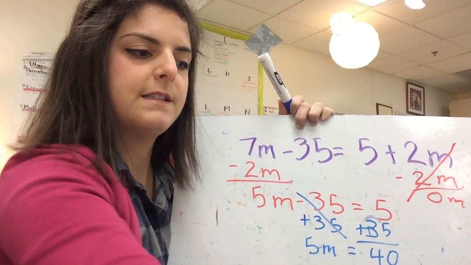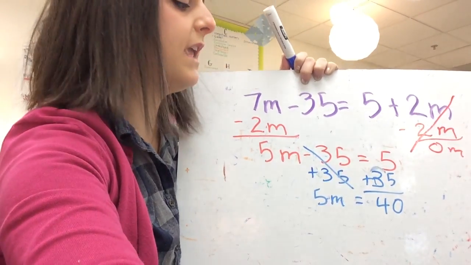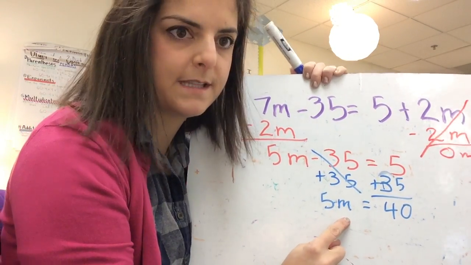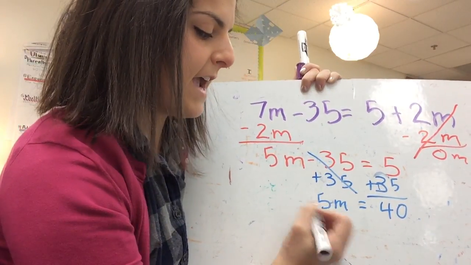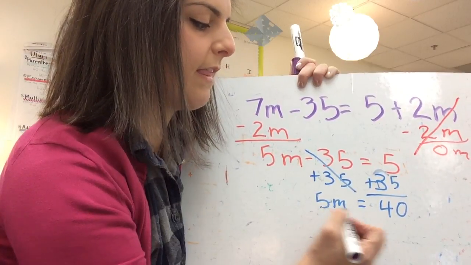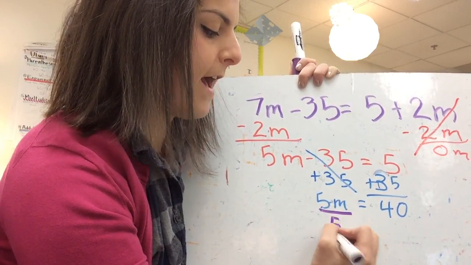So 5m equals 40, and we can't keep 5m equals 40 because we want to figure out what m stands for, right? So we're going to divide by this number in front of the variable because we want to bring all the like things together. So 5m divided by 5.